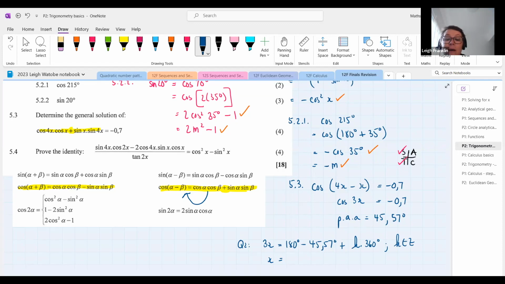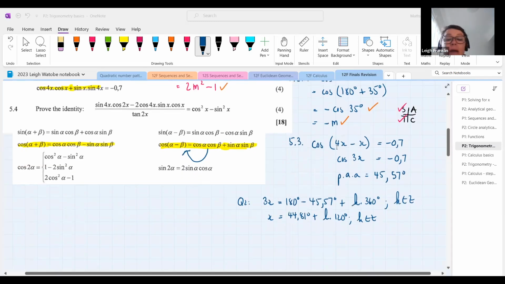Here I'm getting 44,81 plus k times 120, k is an element of the integers. On your calculator, you are going to go shift cos, and then you're going to put in the 0,7. If you want me to pull up my calculator, I can do that. Just let me know.